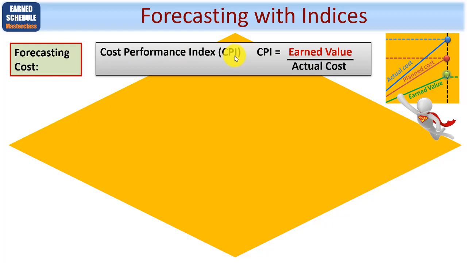And again, to remind you, using the cost data with earned value will always give you an accurate result. Here, CPI is calculated by taking the earned value and dividing it by actual cost. Just looking at this little schematic here, if the earned value was, let's say, $100,000 and your actual cost was $200, then CPI would be showing you as 0.5, less than 1, clearly showing you're due to overspend.